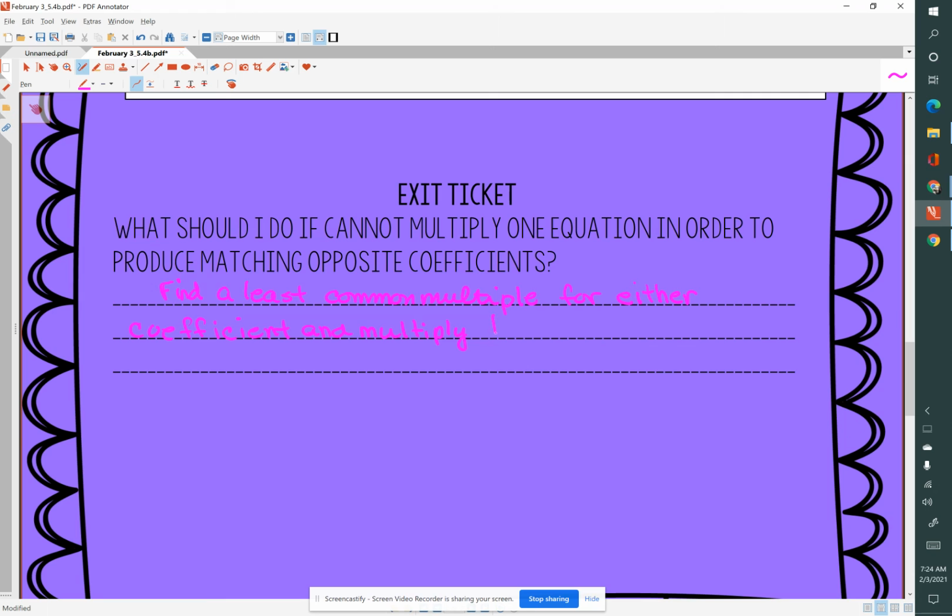So you're going to multiply both equations by some number to produce matching coefficients.